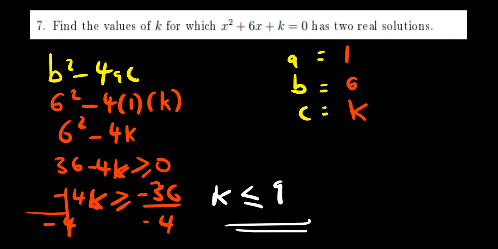Very important. Now let's solve the next question. Question 8 says the equation x squared minus 4kx plus 4 equals 0 has two distinct real solutions. Find the set of possible values of k.